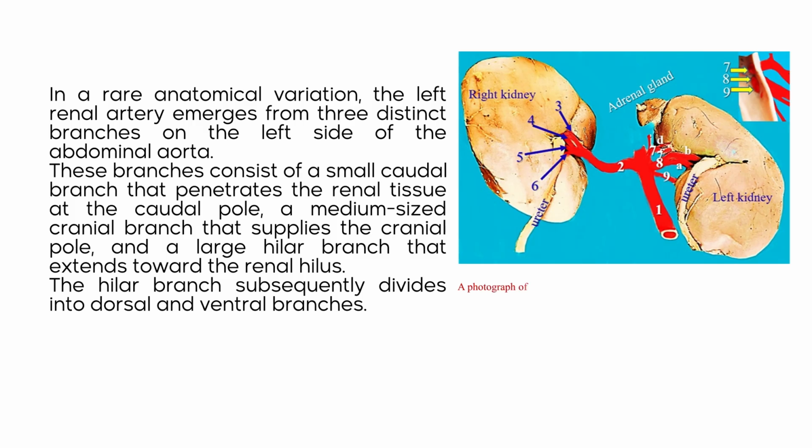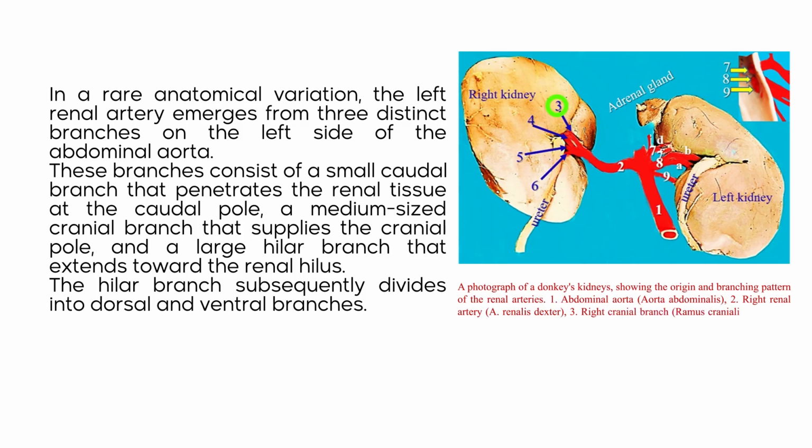A photograph of a donkey's kidneys, showing the origin and branching pattern of the renal arteries. 1. Abdominal aorta, aorta abdominalis. 2. Right renal artery, A. renalis dexter. 3. Right cranial branch, ramus cranialis dexter. 4.